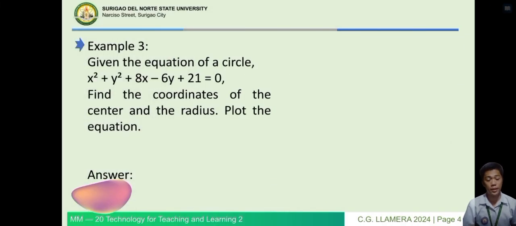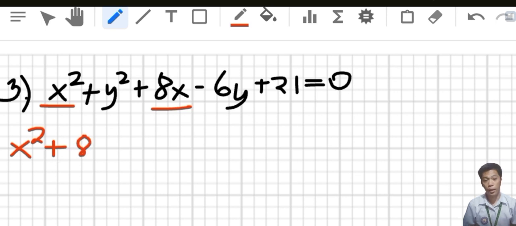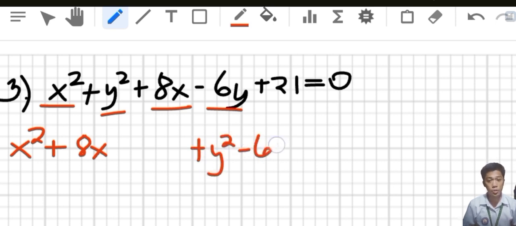An equation: x squared plus y squared plus 8x minus 6y plus 21 is equal to 0. The first thing that we need to do is to group the x-related terms. So we have x squared plus 8x, and also the y-related terms. So we have y squared minus 6y, and then move the constant and change the sign.